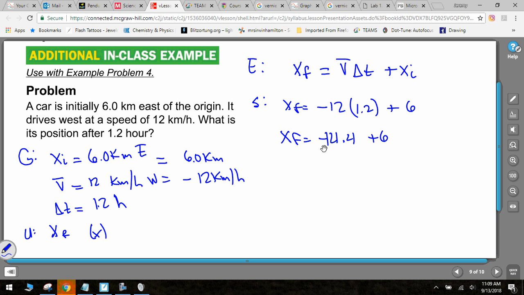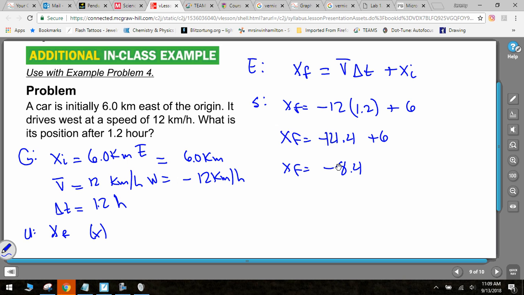So that means x final is equal to negative 8.4. Okay, I'll believe you. I don't have the math calculator to check right now. It's negative 8.4. Okay, good. My brain was not working right for that one. So I got negative 8.4.